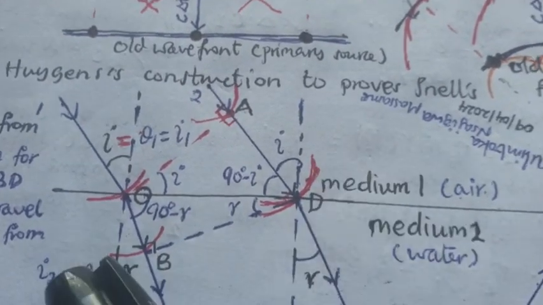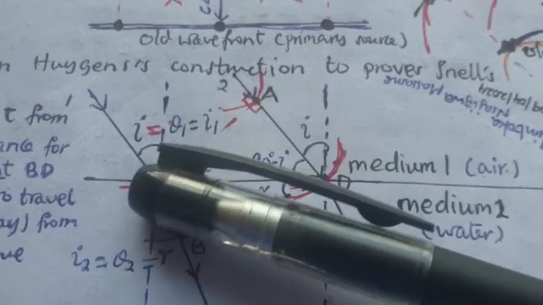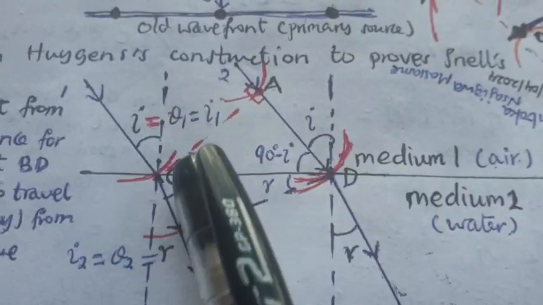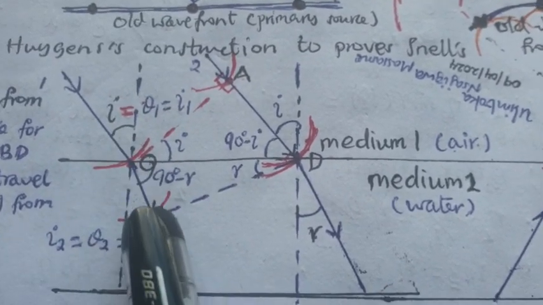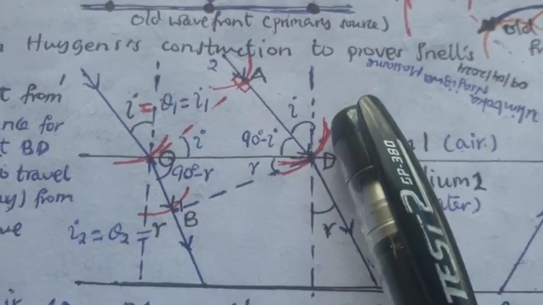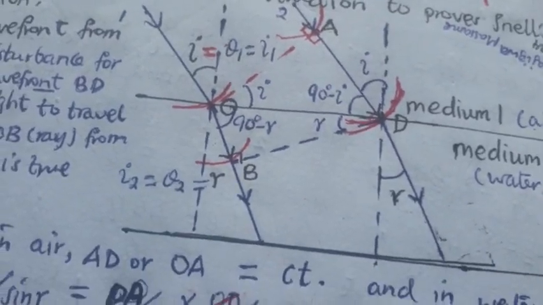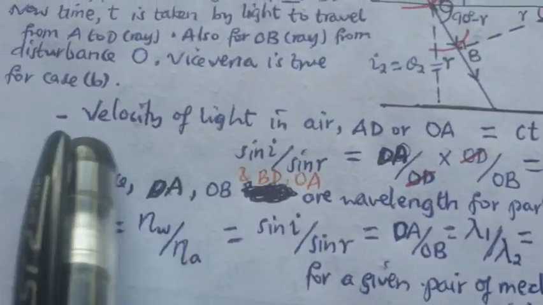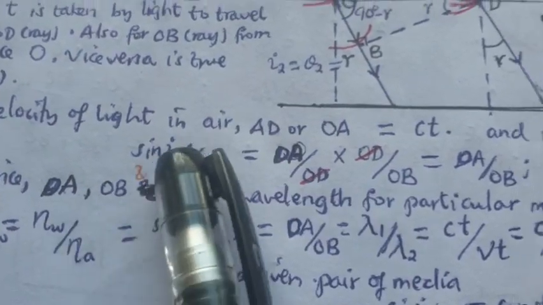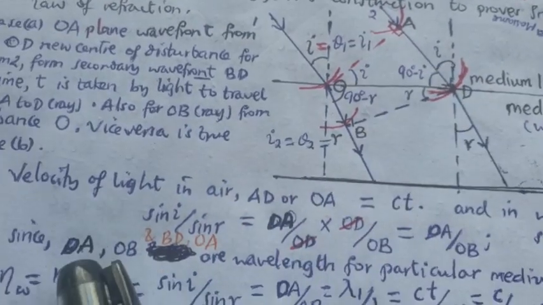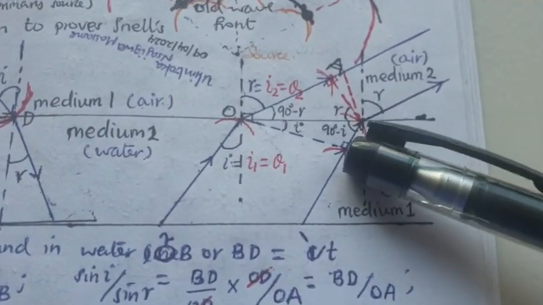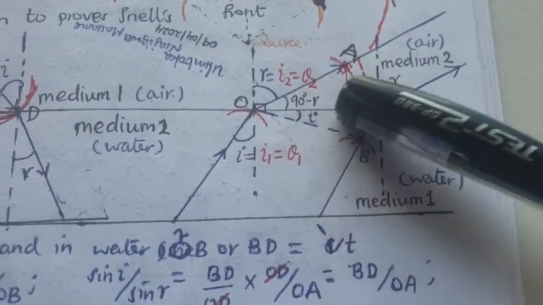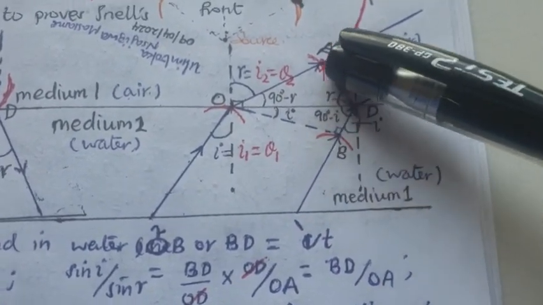This is the secondary wavefront, and this is the primary wavefront. After understanding that, let us see mathematically how to find the sine of incidence and the sine of refraction for the first case, and likewise for the second case.